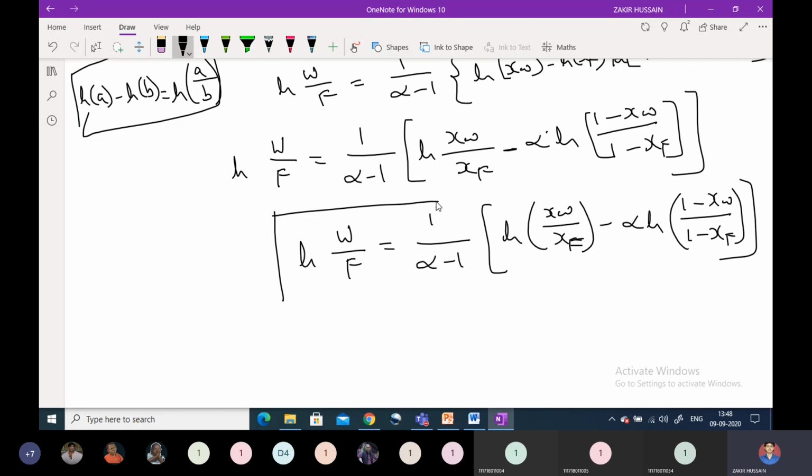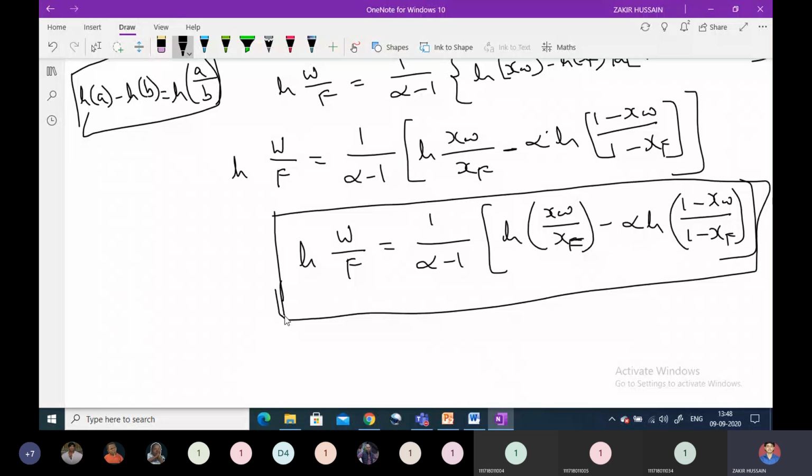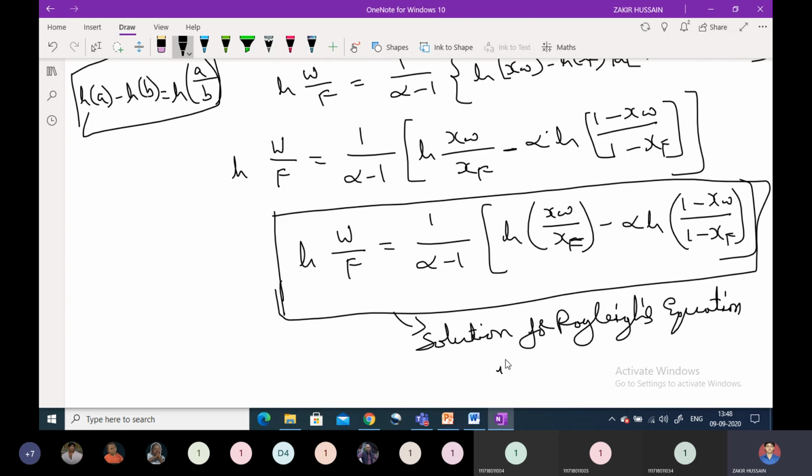So this equation is the solution for Raleigh's equation if alpha is constant. Okay, alpha is relative volatility.